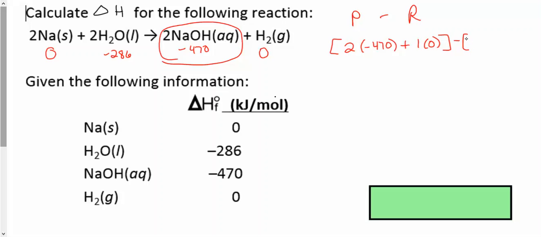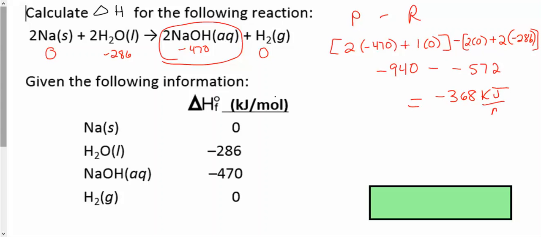We have 2 moles of sodium at 0 plus 2 moles of water at negative 286. And when you do the math, you get negative 368 kilojoules per mole for the enthalpy change for that reaction.